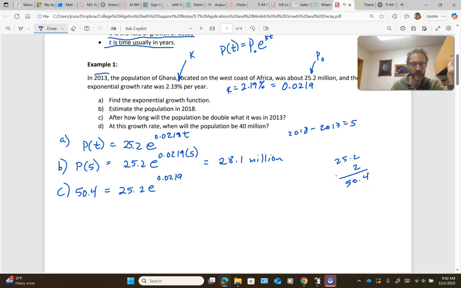Here you're doing just the opposite. Instead of plugging a number in for t and seeing what the output is, we know what the output is. The output is the doubled population, 50.4 million, and we need to solve this equation for t to determine how long it's going to take.